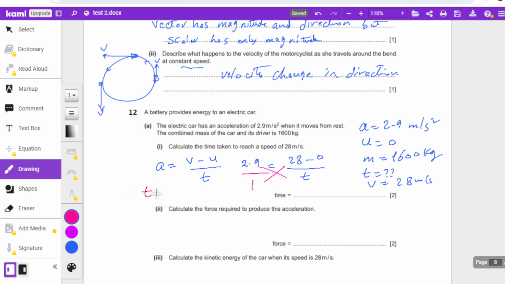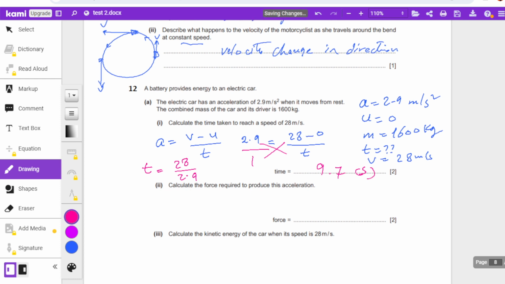So t equal 28 over 2.9. And the answer will be 28 divided by 2.9 equal 9.65. So it can be rounded to 9.7 seconds.